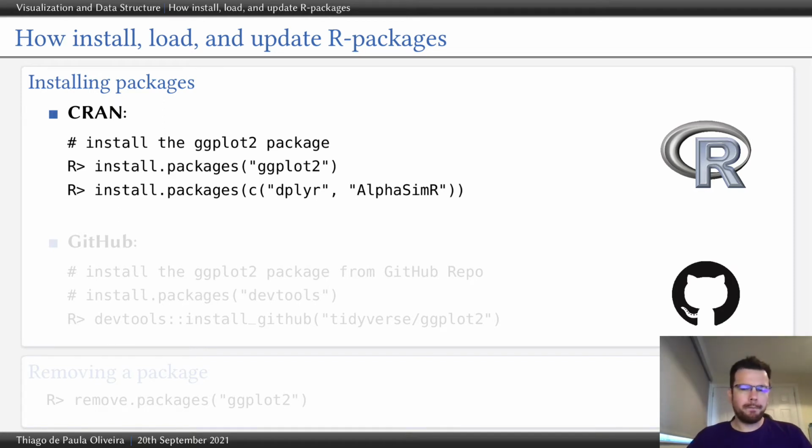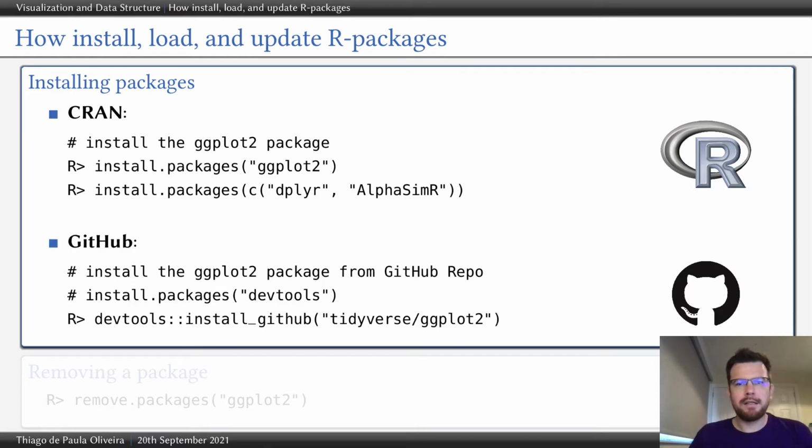If you want to install more than one, you should use the concatenate function, as you can see here. These packages are directly installed using the version available on CRAN. Another way is installing packages directly from GitHub, and this is the version under development. You can use the function install_github from the devtools package.